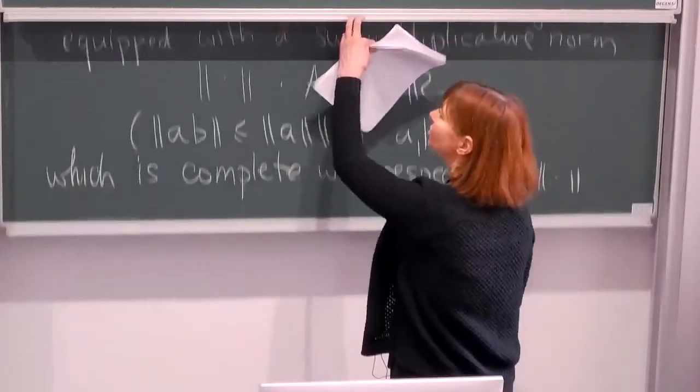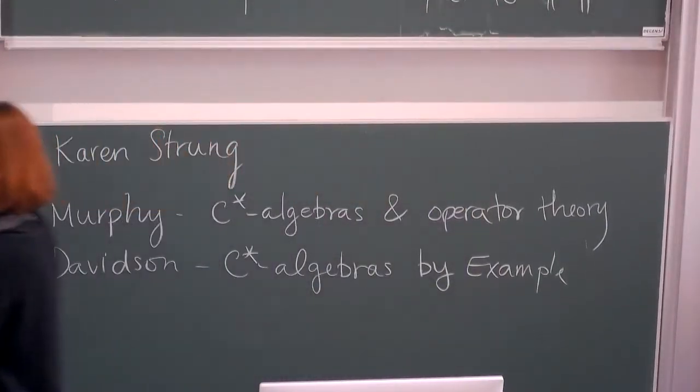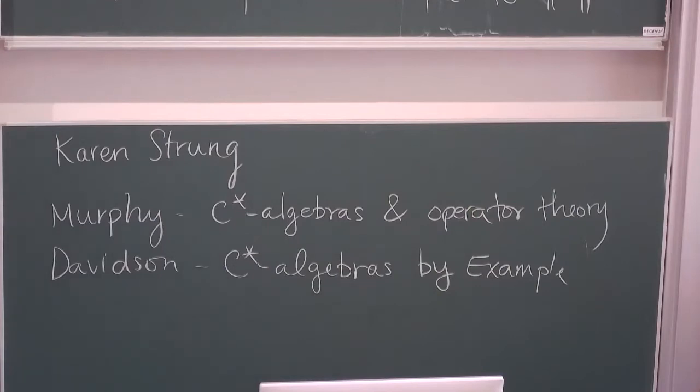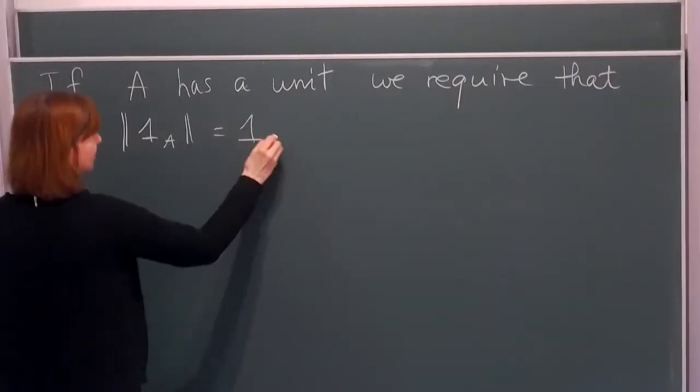Okay. I didn't say anything about a Banach algebra necessarily having a unit, but if A has a unit, we further require that the norm of the unit is equal to 1.